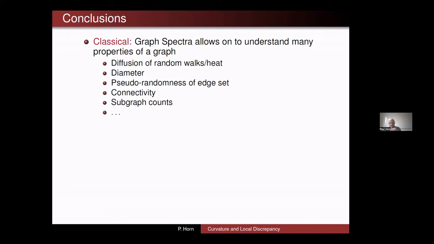So a lot of these things that I like to think about are of this ilk. But it allows one to understand, for instance, diffusion of random walks and things related to the diameter and how pseudo-random the edge set looks, and understand things about the connectivity of my graph and how many subgraphs I have of various types, all of these kinds of things.